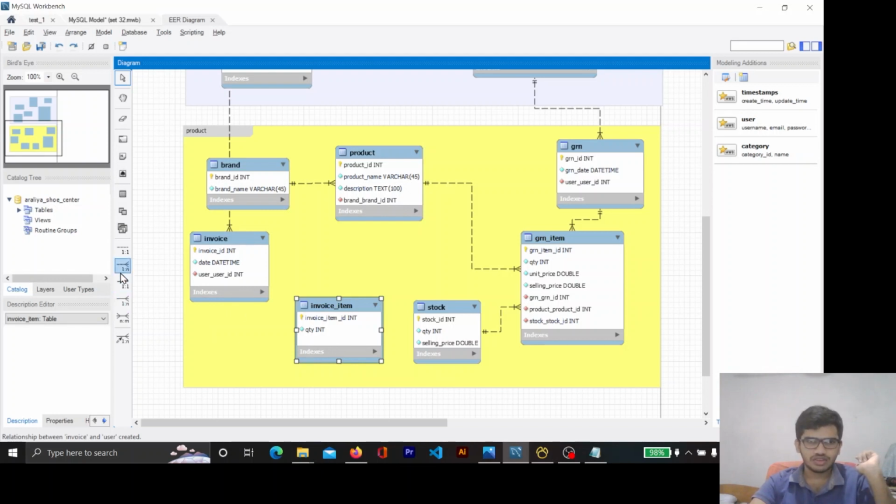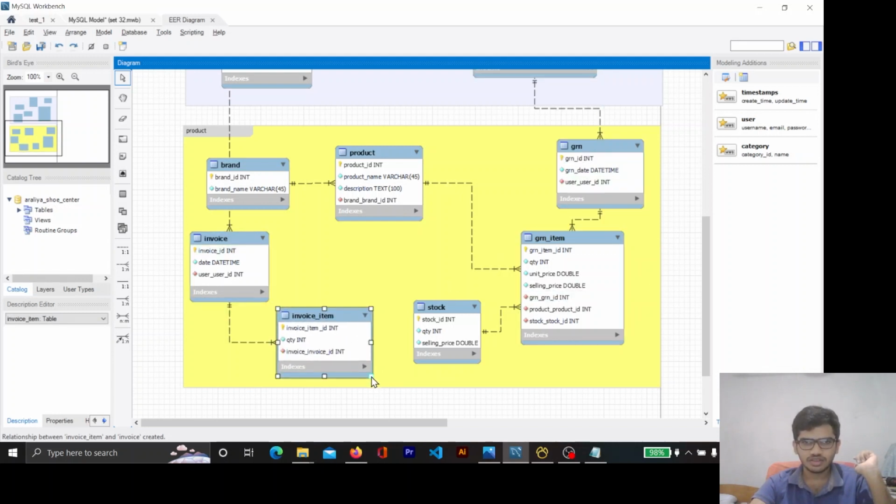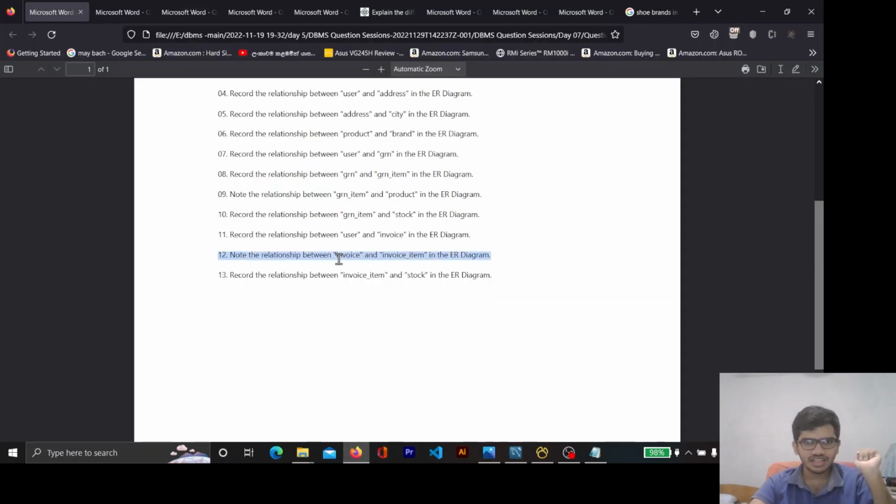So it's a one-to-many relationship, the same as the GRN item and GRN relationship. So that answers the 12th question. And the 13th is the final question, thank God.